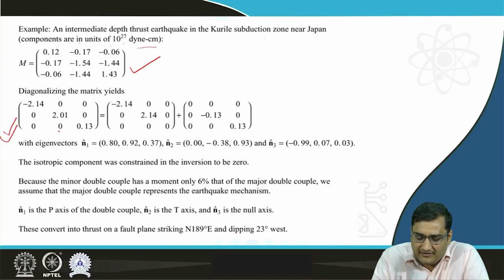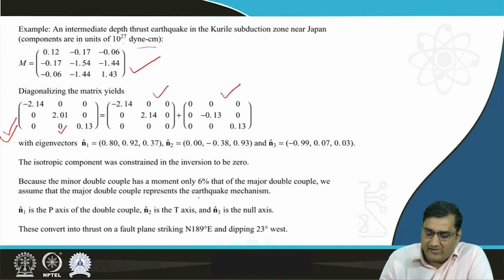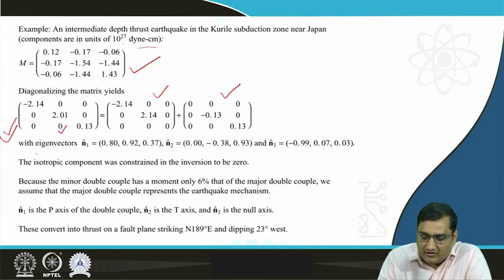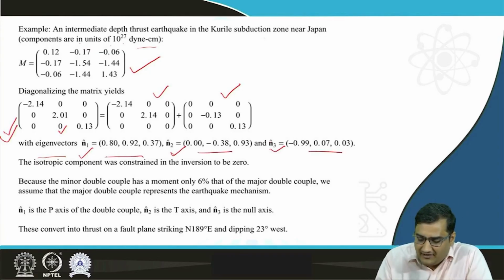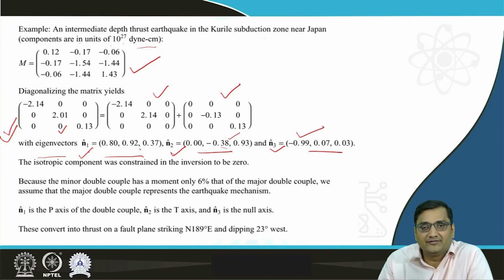And when we decompose it into its major and minor components, it may look something like this. The unit vectors, or eigenvectors, n1 cap, n2 cap and n3 cap may be something like this. The n1 cap represents the pressure axis of the double couple, n2 cap represents the T axis or tension axis, and n3 cap represents the null axis.